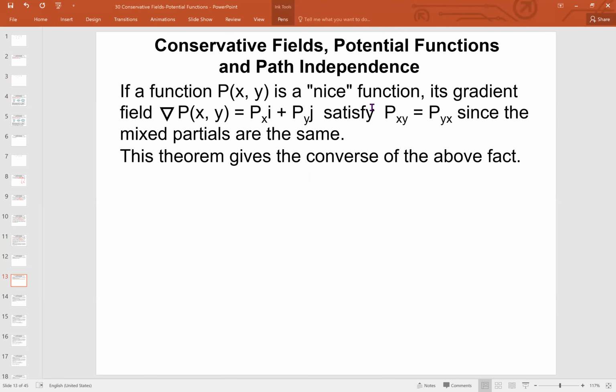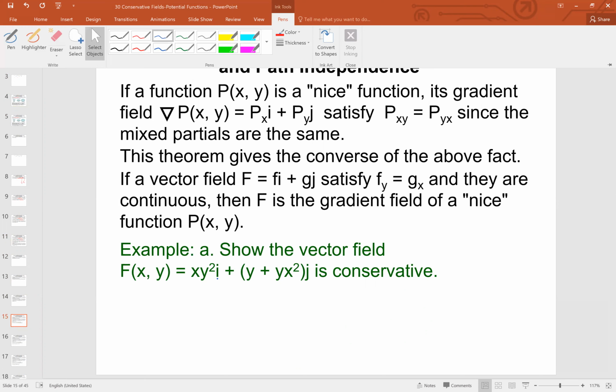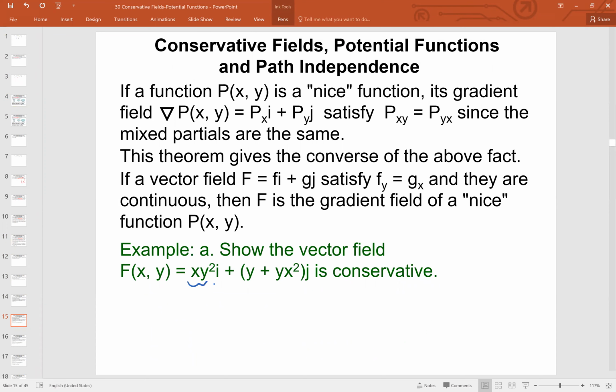For example, I can show this is a conservative field. How? This is the i component, so take the partial with respect to y. And this is the j component, take the partial with respect to x, and show they're equal.